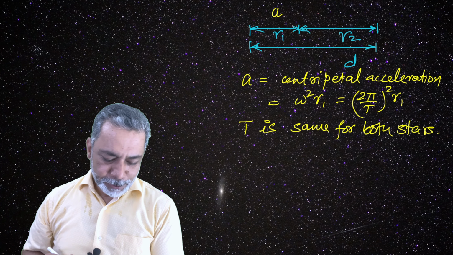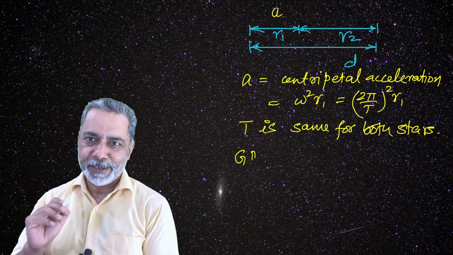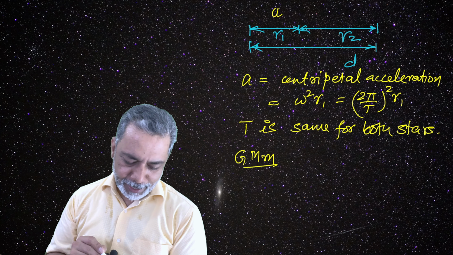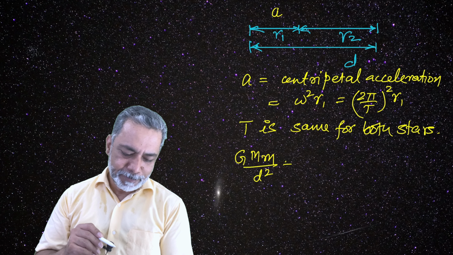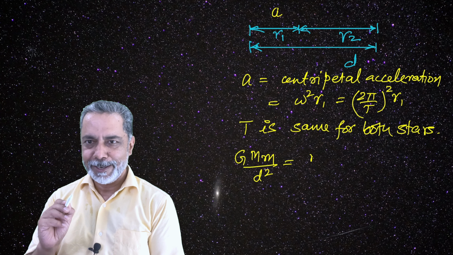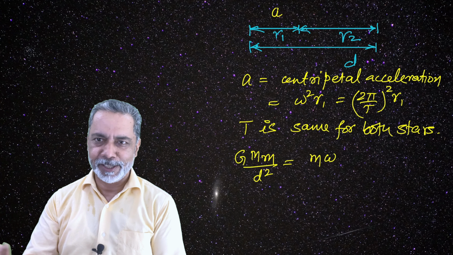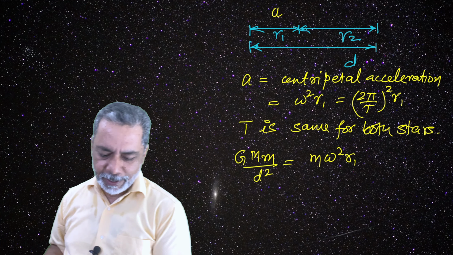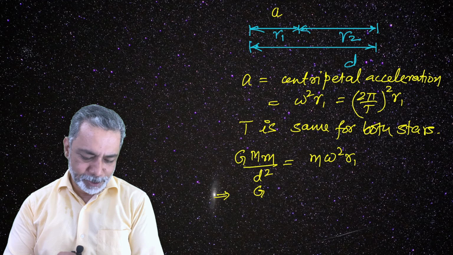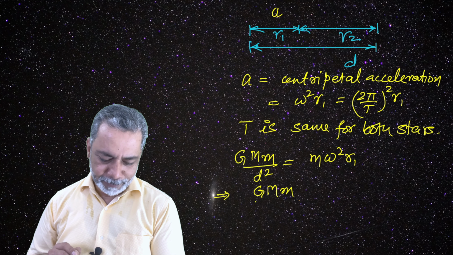Now the force of gravity on the star of mass small m is G into capital M times small m by d square. The distance between the stars is d, right? So that's the force there, and that equals m omega square times r1.